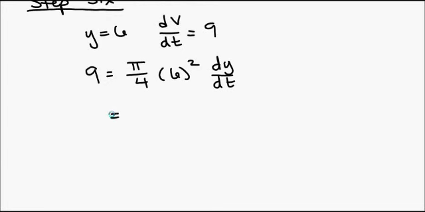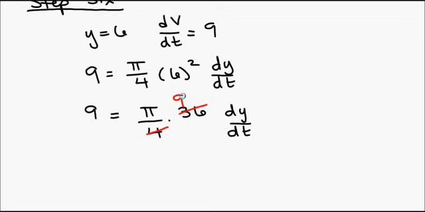This is pi over 4 times 36 dy/dt equals 9. Simplifying, that's 9 pi dy/dt.